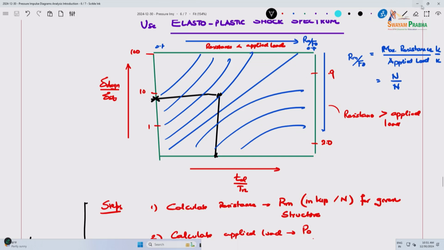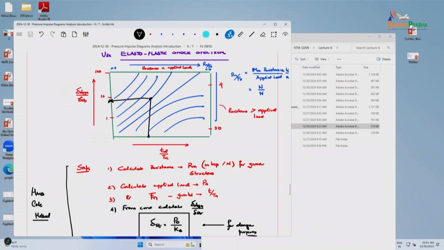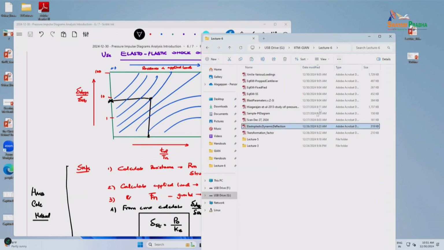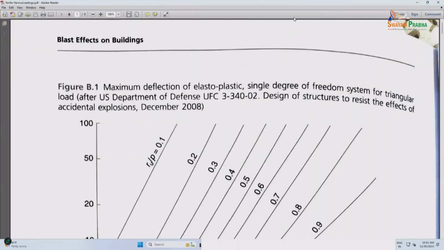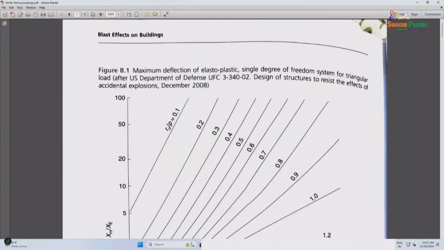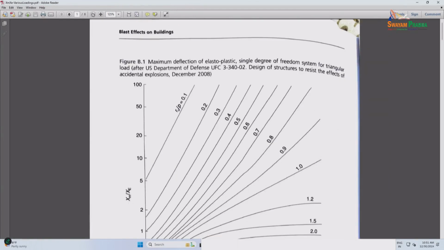I won't insert it here as we are having issues, but what we will upload is these curves. I think I have 8 of them, but you can use this also.